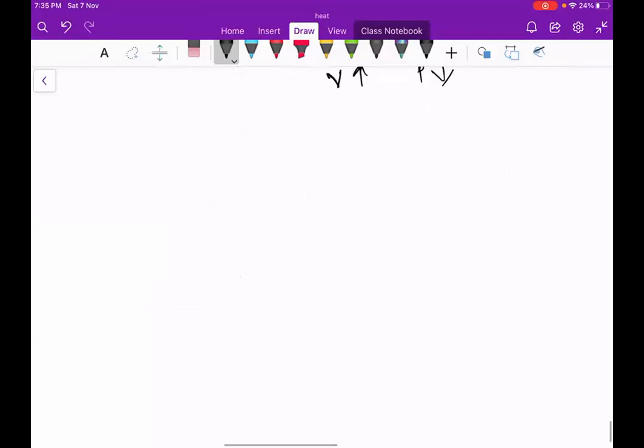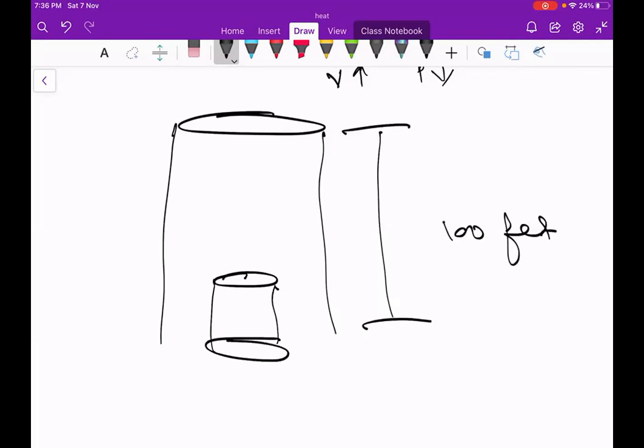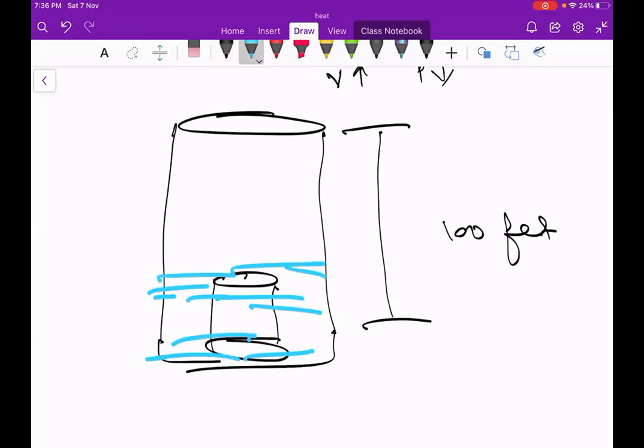So in the submersible pump, suppose this is your tube well of 100 feet. Your pump will be here, mostly in a vertical position, deep inside the water.